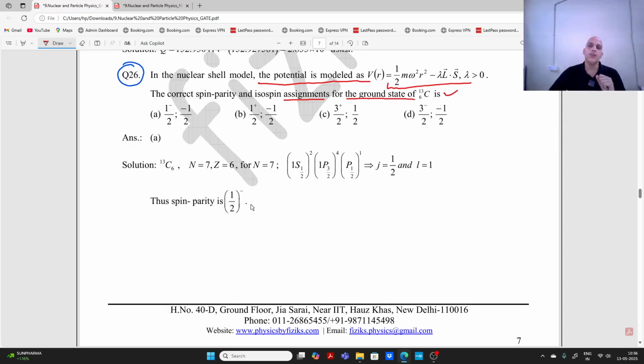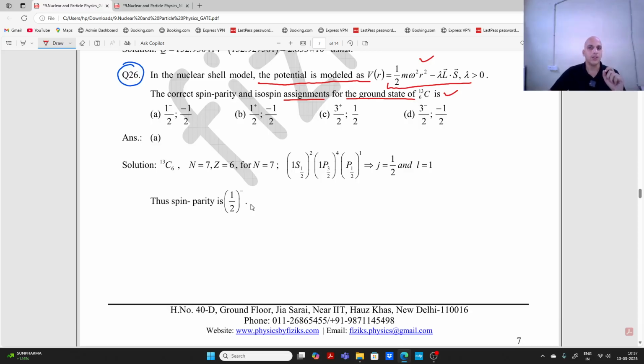Now we don't have to look at the potential. We know in case of nuclear shell model, a mixed kind of potential has been considered, that is a mixture of harmonic oscillator potential and a square well potential. So here they are representing the potential to create a confusion, right? So we have to forget about it. We have to look at the question from here.